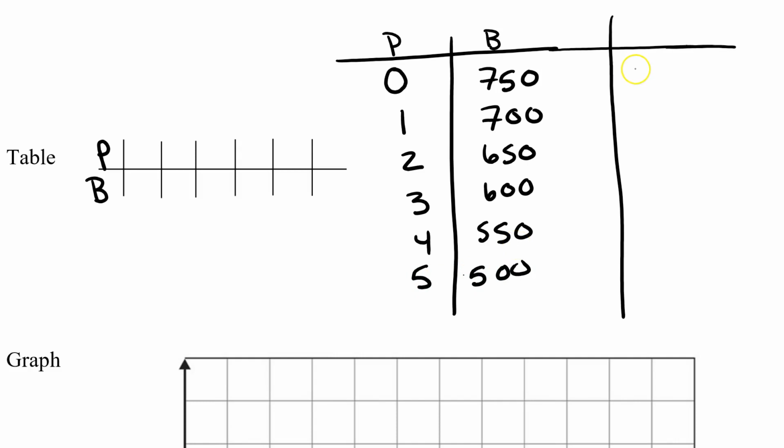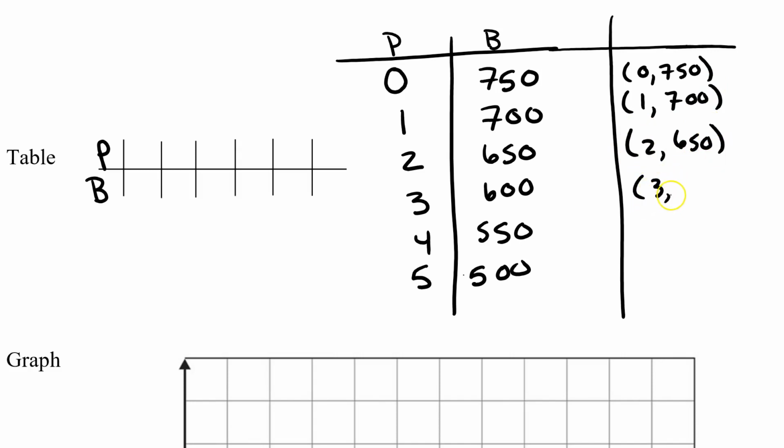So if I were to write down my coordinate points, it would be 0, 750, 1, 700, 2, 650, 3, 600, 4, 550, 5, 500.